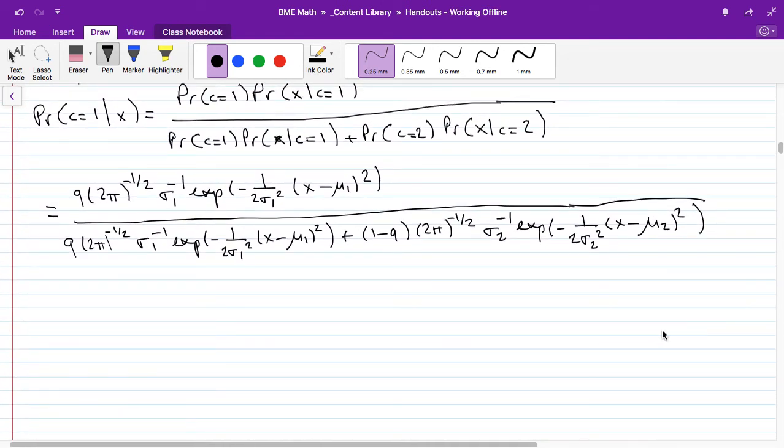As before, we divide the numerator and the denominator by the numerator. So I get a 1, I get a 1 plus this term.